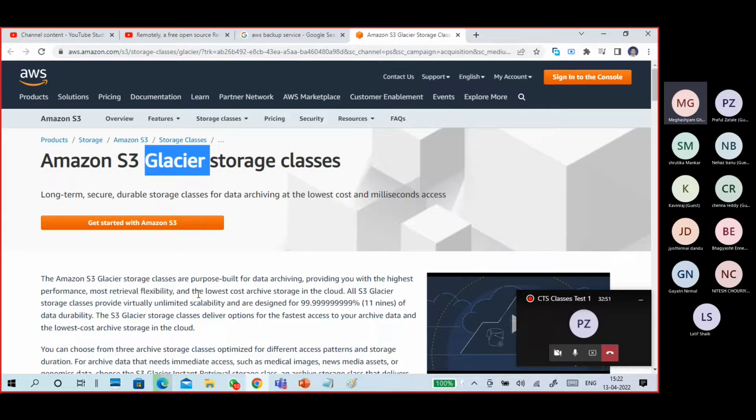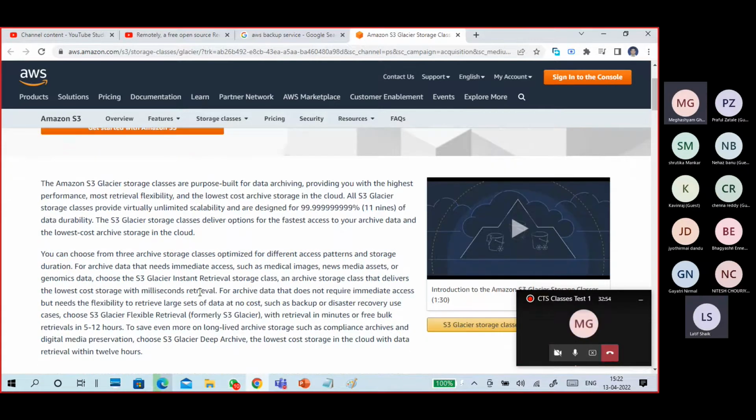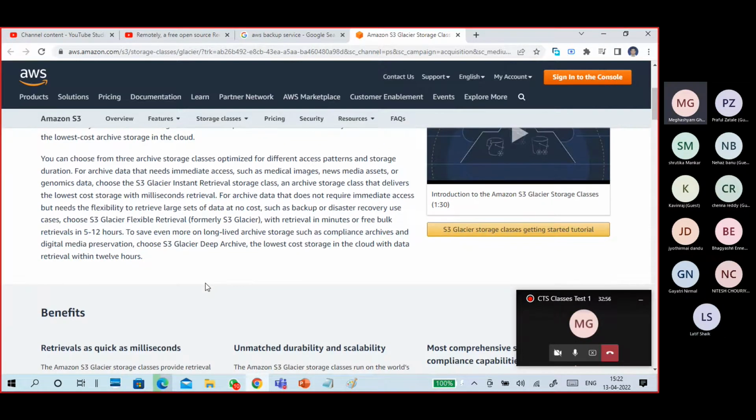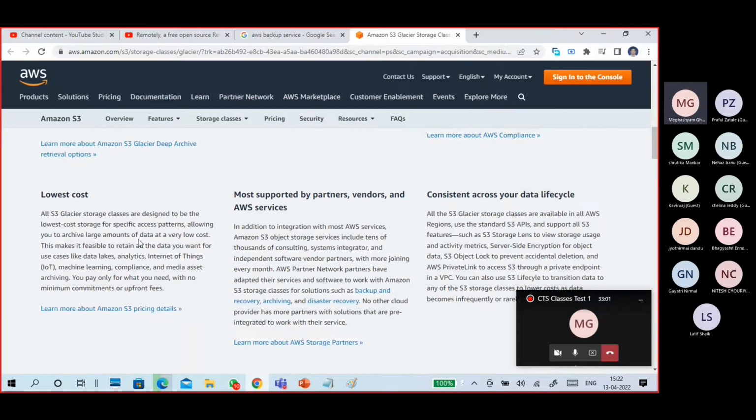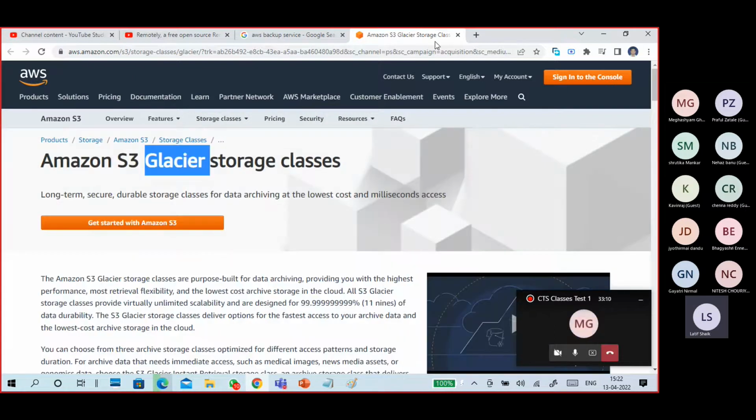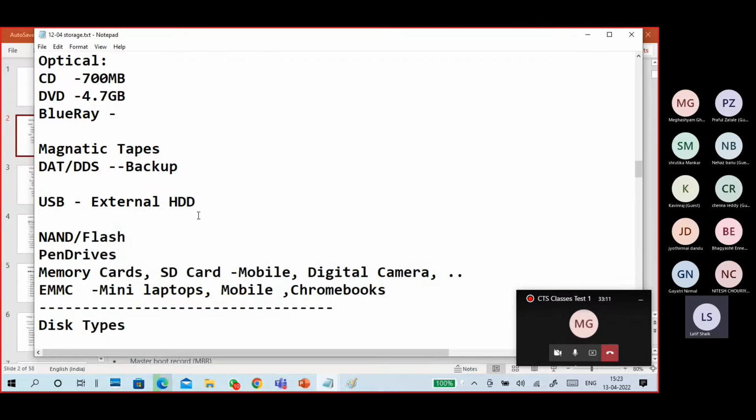It is a storage service, sir, where you store the data. If you want to store your backup data into magnetic tapes, the Glacier service stores the data into magnetic tapes only, because it is very cheap compared to storing backup on hard disk.